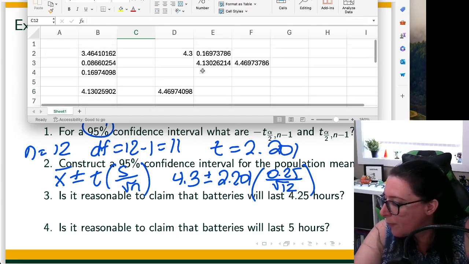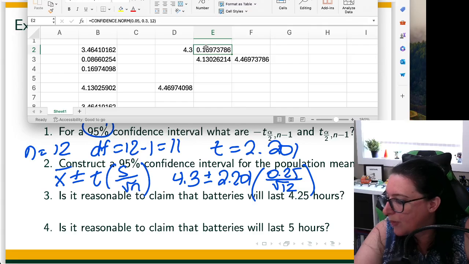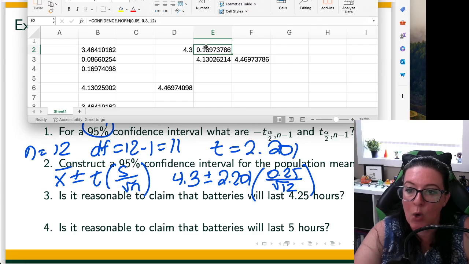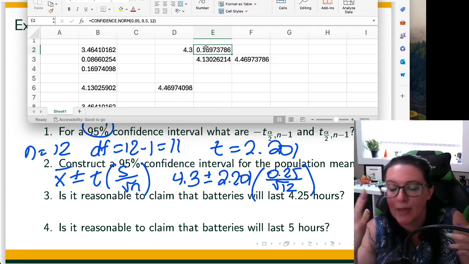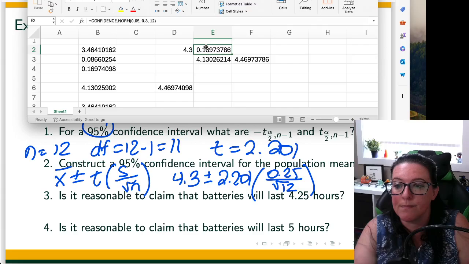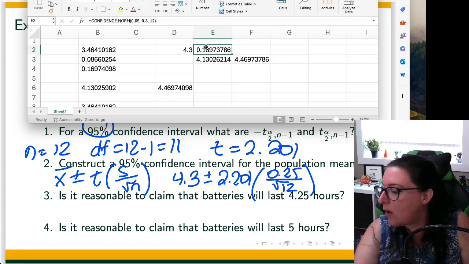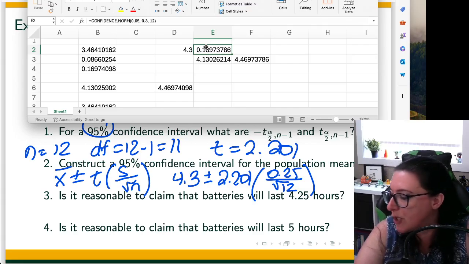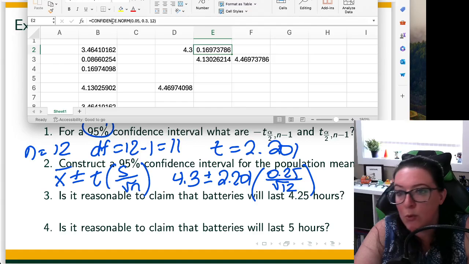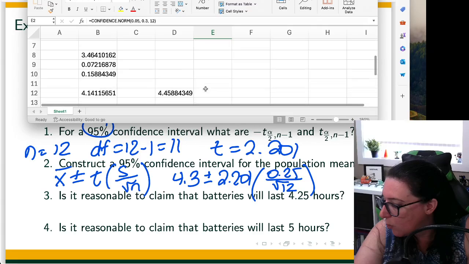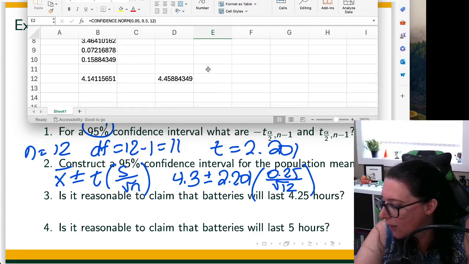Now, when we did this previously with the normal distribution, we used equals CONFIDENCE.NORM to do this calculation without the t distribution or the standard normal table. So if you don't have a table, you want to do this entirely in Excel. If you know the standard deviation of the population, we used CONFIDENCE.NORM. Here, we're not doing CONFIDENCE.NORM.